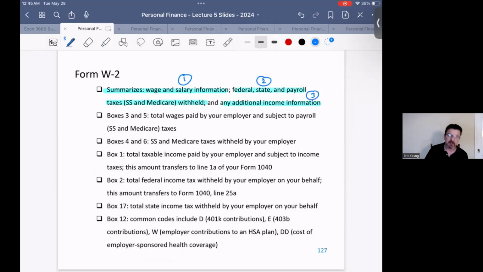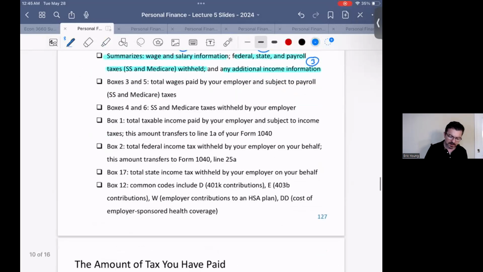And number three, any supplementary information. It does this through a series of boxes, numbered box 1, box 2, box 3, box 4, etc. Each of these boxes indicates a particular number with a particular meaning.